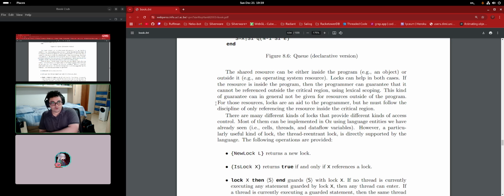Okay, and now we're going to have the queue. This is the declarative version of the queue. Pretty simple, we've seen this before. This is still the funny queue that's kind of non-intuitive. If you delete when the queue is empty, it will delete the next inserted element.